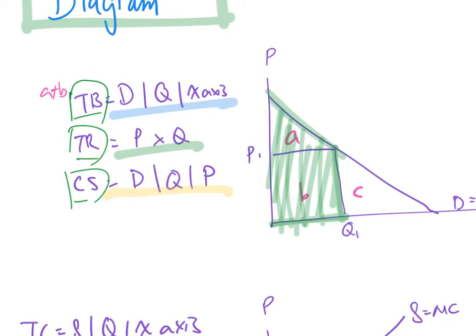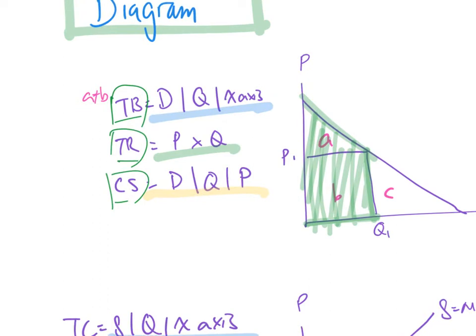And for the total revenue, actually we learned this before, in the elasticity of demand. P times Q, very simple. So when the price and the quantity are here, we know that area B is the total revenue. And what's consumer surplus? It's the difference between the valuation and the amount we paid.